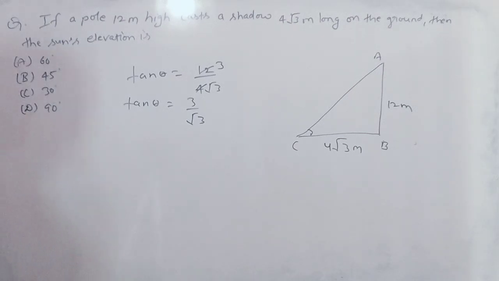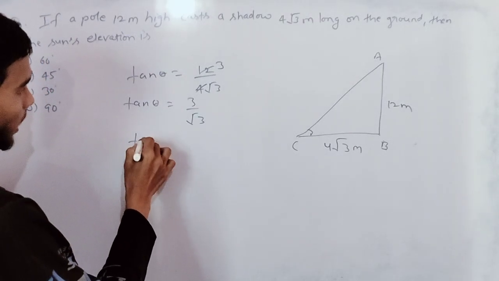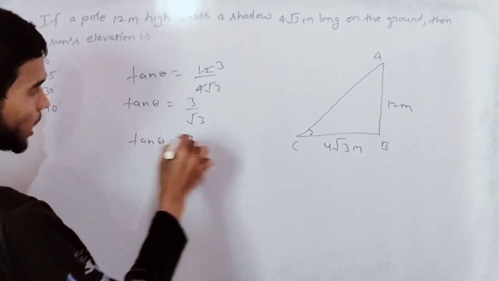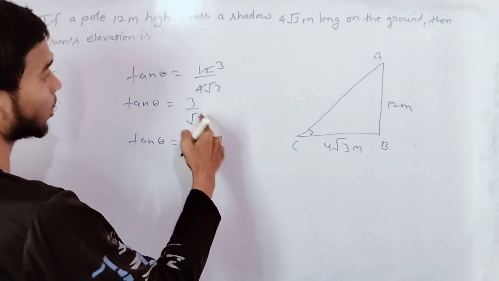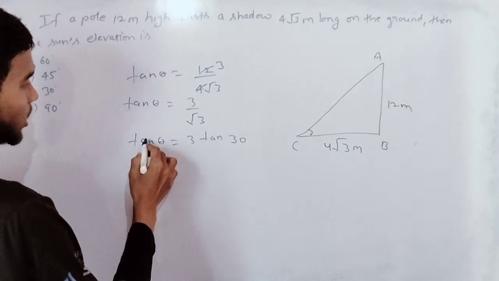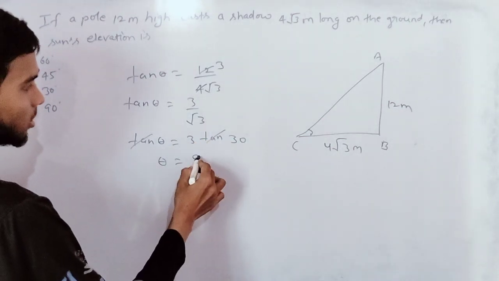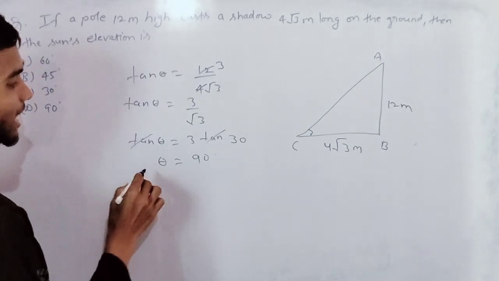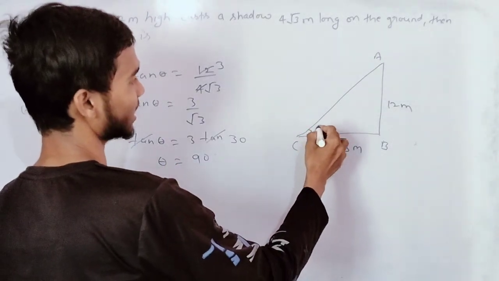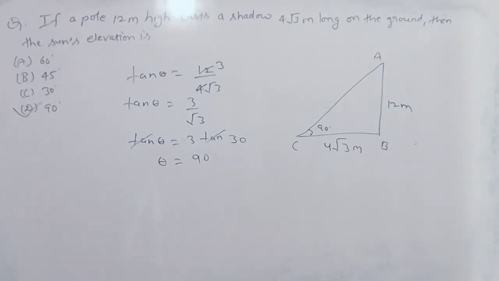In that case, 1 upon root 3 is the value of tan 30, isn't it? The tan will cancel, theta, 3 is a 9. So finally we got theta as 90. So I think the answer should be this.